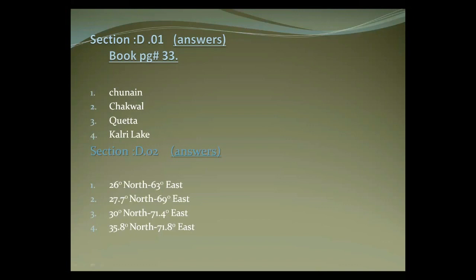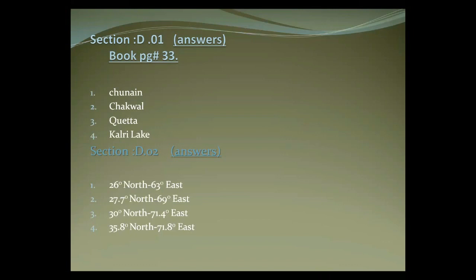The first is 31 degree north and 74 degree east. The place is Chennai. The second is 33.42 degree north and 73 degree east, Chakwal. The third is 30 degree north and 67 degree east, Quetta. 25 degree north and 68 degree east, that is Curly Lake.